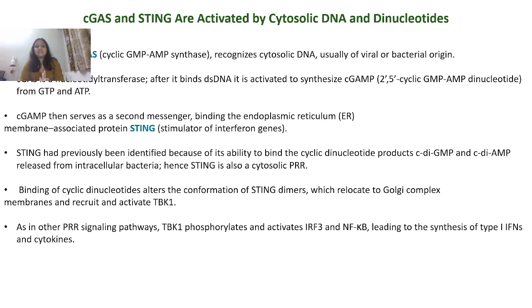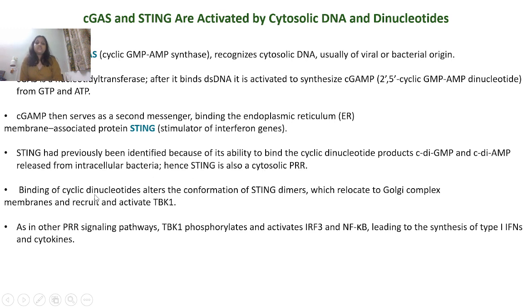This cGAMP then serves as a secondary messenger, binding the endoplasmic reticulum membrane-associated protein STING, that is, stimulator of interferon genes. It was previously identified that STING has the ability to bind cyclic dinucleotide products c-di-GMP and c-di-AMP released from intracellular bacteria. Hence, STING is also a cytosolic PRR.